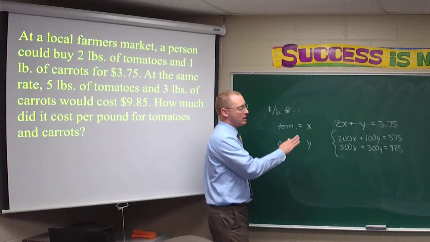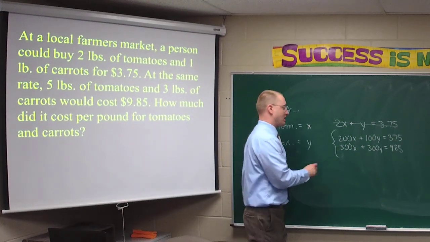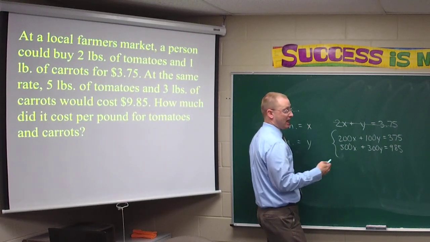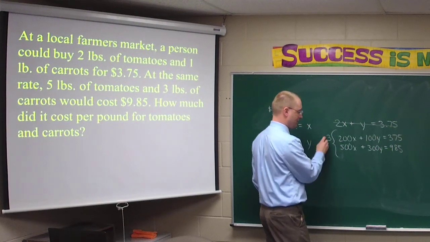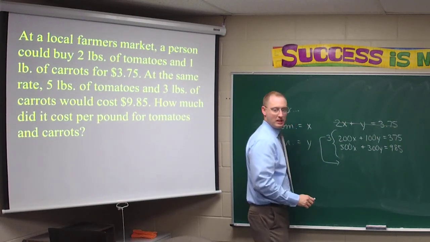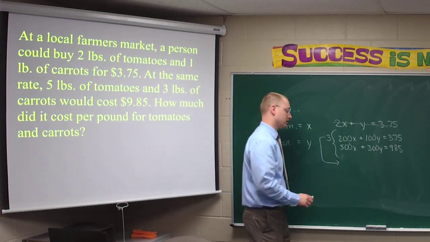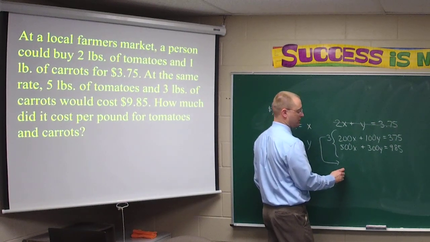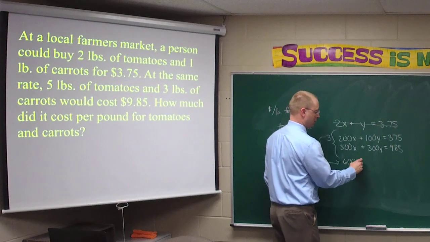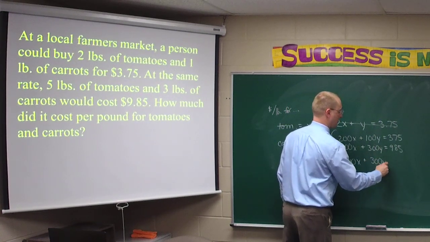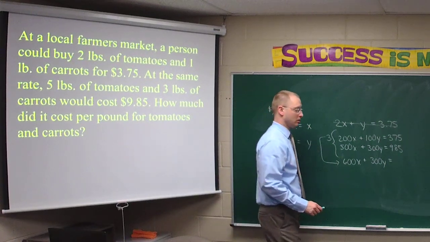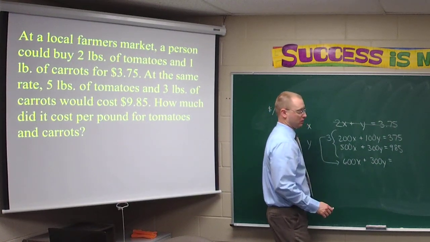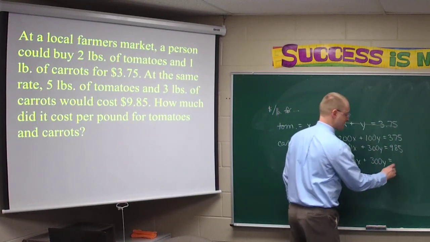That's not a problem. But maybe good to go from here, multiply the top class by 3. What do we get at this point, Abby? It would make it 600x plus 3y equals 1,125.